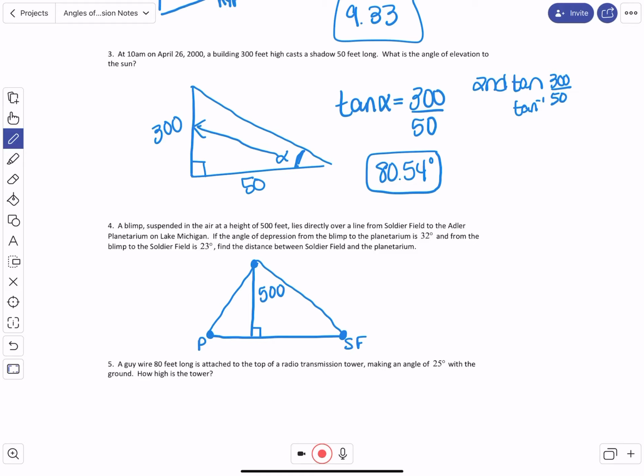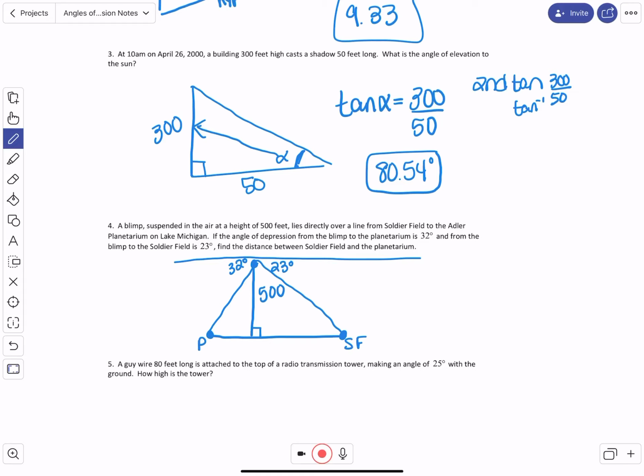The angle of depression from the blimp to the planetarium is 32 degrees. So remember, depression is like up in the sky because you're looking down, okay? So if I draw this line here, the angle of depression from the blimp to the planetarium is 32 degrees. And from the blimp to Soldier Field is 23 degrees, okay?